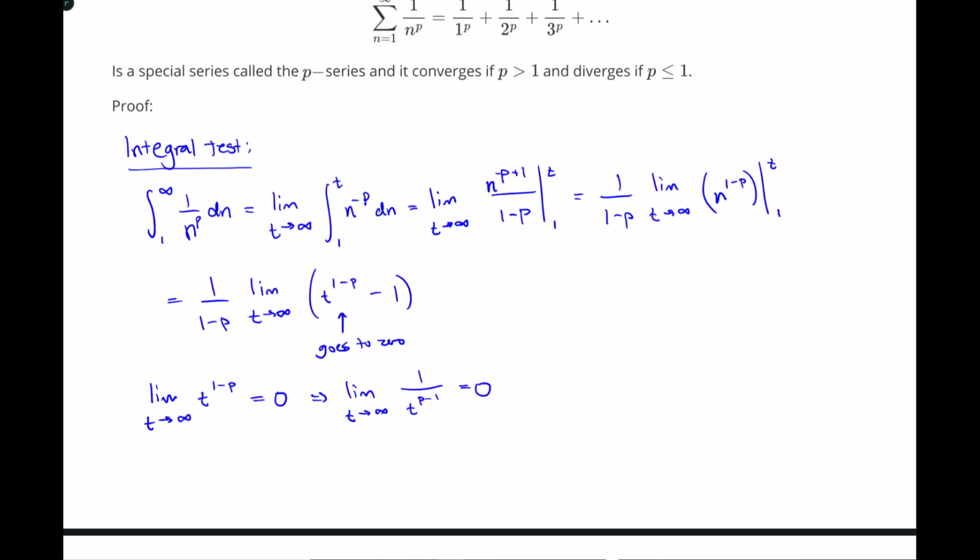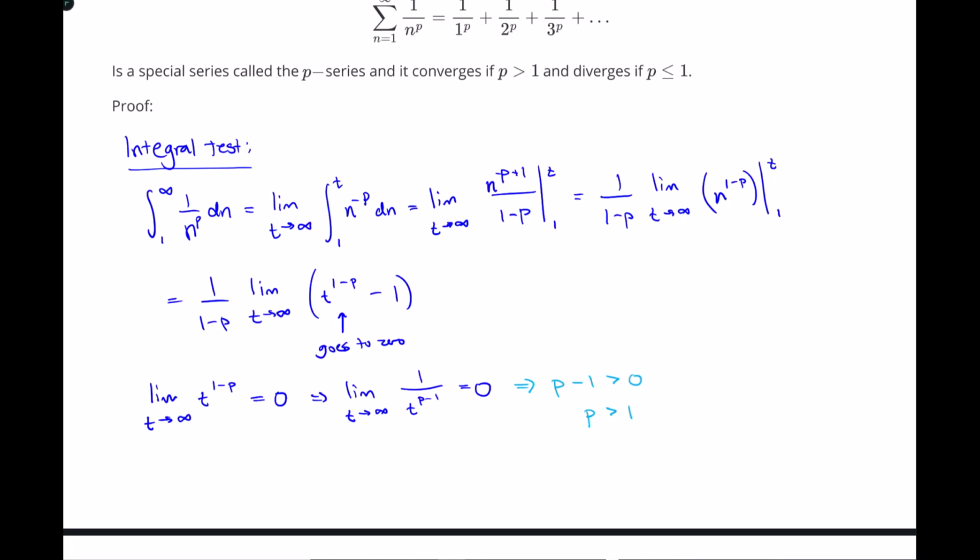So what we need is for the exponent p minus 1 to be positive, so greater than 0, which means that if p is greater than 1, then this term will go to 0, and therefore this limit will exist.